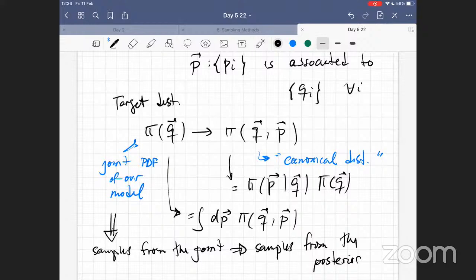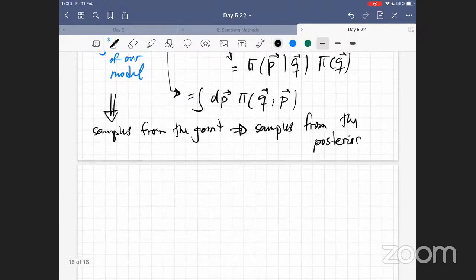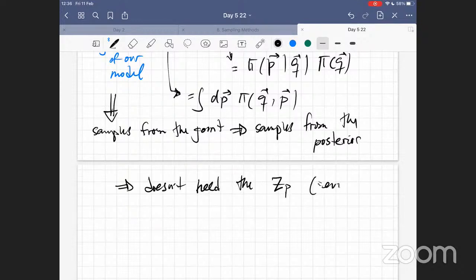We have discussed it in terms of this P tilde, right? This P tilde is nothing but the joint. So the important message to get here is that this approach doesn't need the normalization or the evidence, as opposed to other approaches in Bayesian inference.